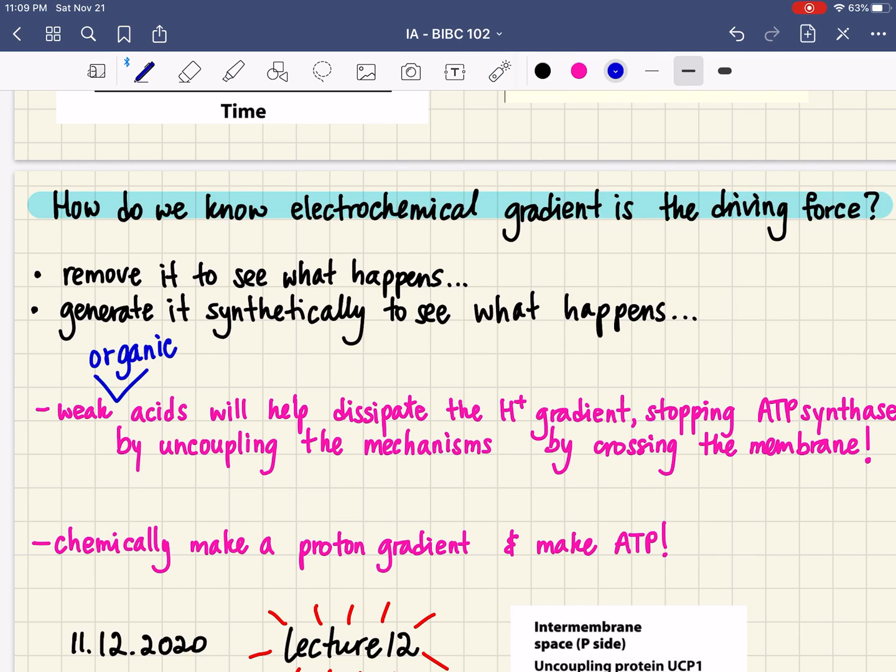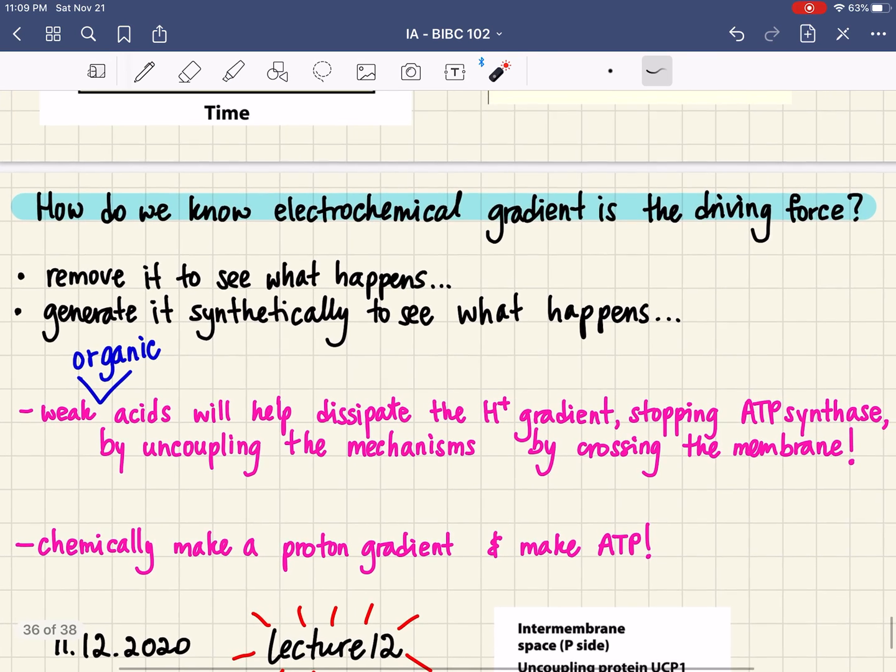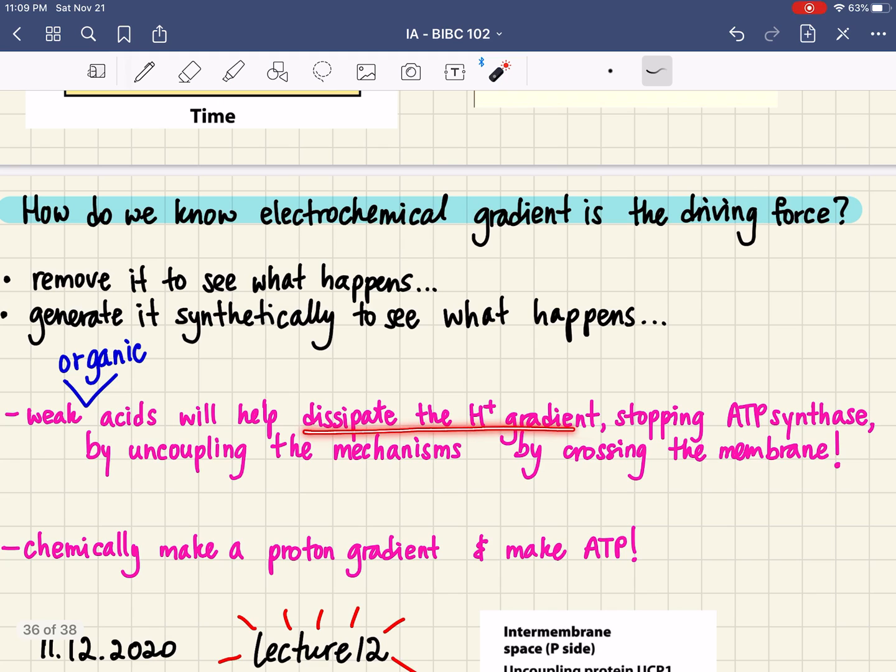When we add weak organic acids, they help to dissipate the proton gradient, right? And if there is no more proton gradient, there will no longer be ATP synthase activity.